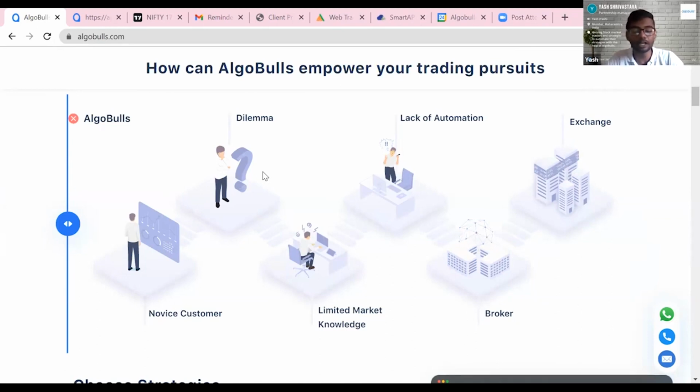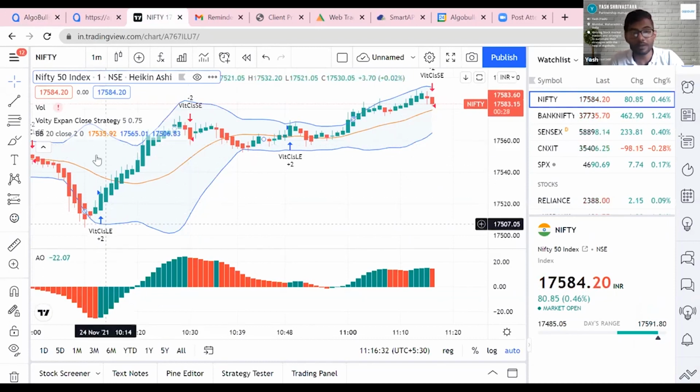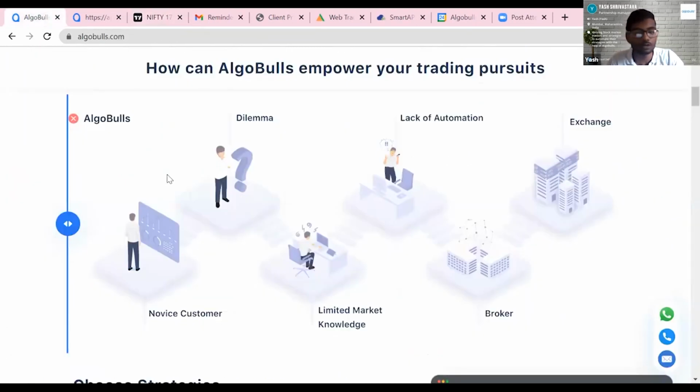You might have very limited knowledge about the market, about when to buy and when to sell. In the Nifty chart you could see when you are supposed to buy and when you are supposed to sell, and you might have very limited knowledge about it. So these are the kinds of challenges every one of us has in our life.